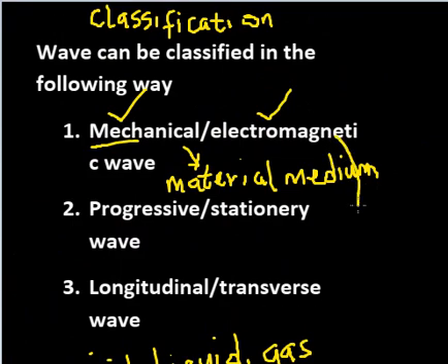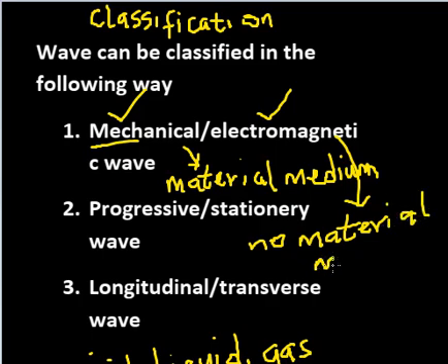So what about electromagnetic wave? An electromagnetic wave is a wave that doesn't require a material medium for its propagation.